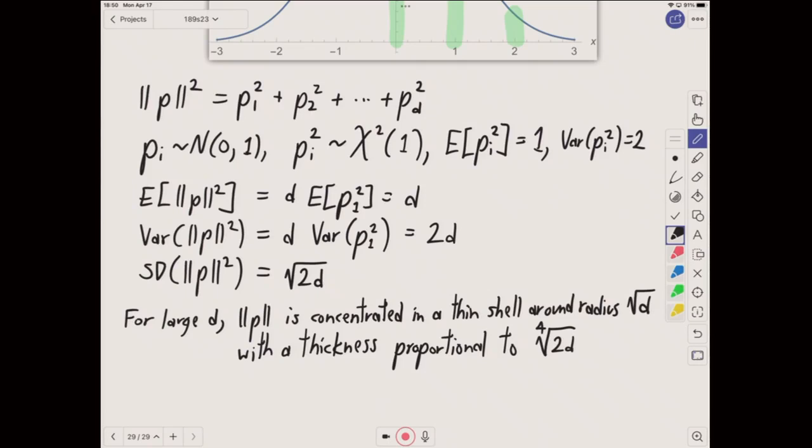And the reason is because this is the standard deviation of p squared, that is the square root of 2D. But we don't want p squared, we want the length of p, which, since this varies in a narrow range, the standard deviation of p, norm, is going to be very approximately the square root of this root 2D, which is fourth root of 2D. Again, that's not exactly the standard deviation, but it's close enough for the sake of intuition.